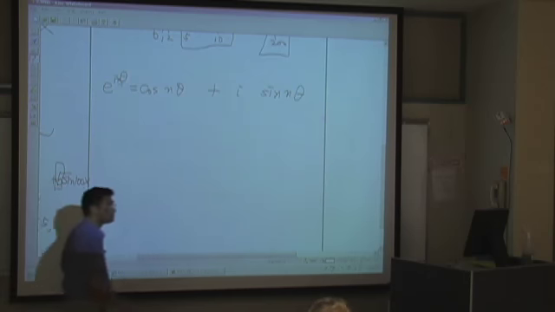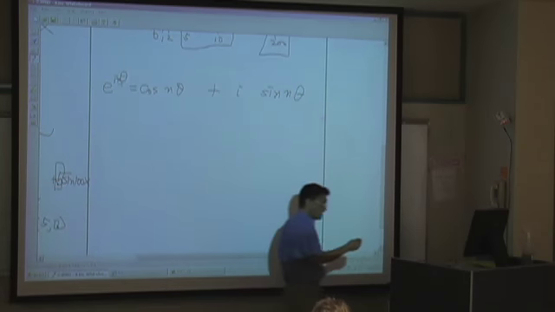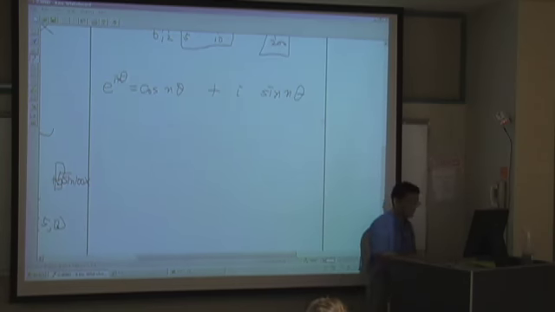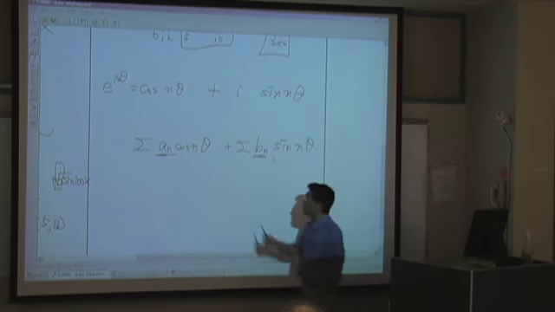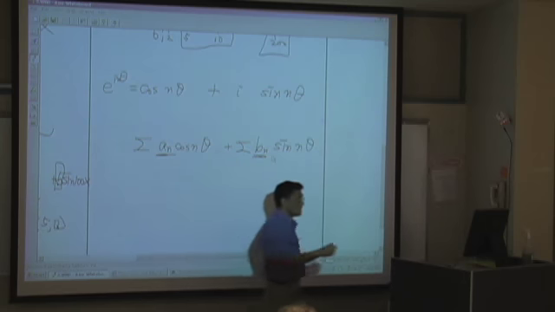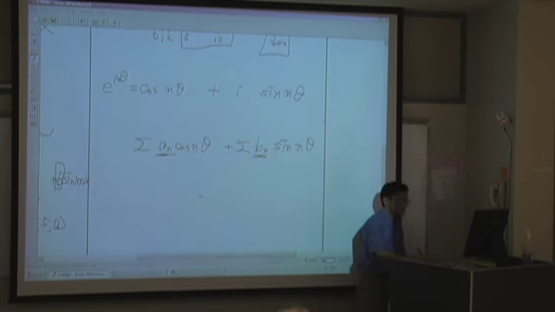Then, in the past, we did this kind of thing: the sum of a_n cosine n theta, and then the sum of b_n sine n theta. So we need to store a_n and b_n. But with this thing, we can just store c_n e to the power of i n theta, where c_n is a complex number.